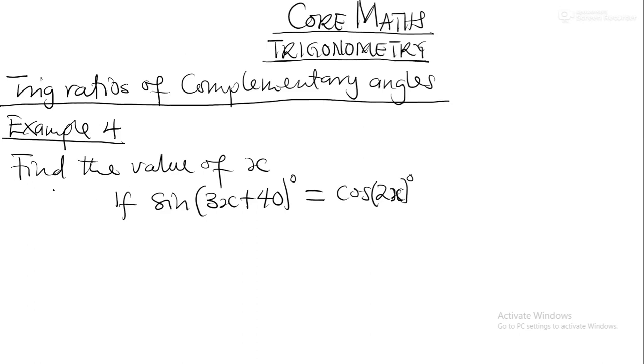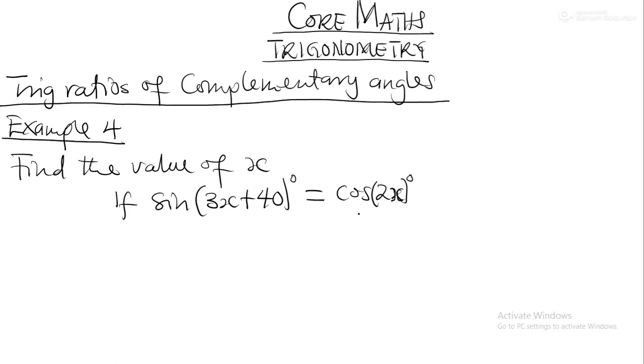We are to find the value of x if sine (3x + 40) degrees equals cos 2x degrees.